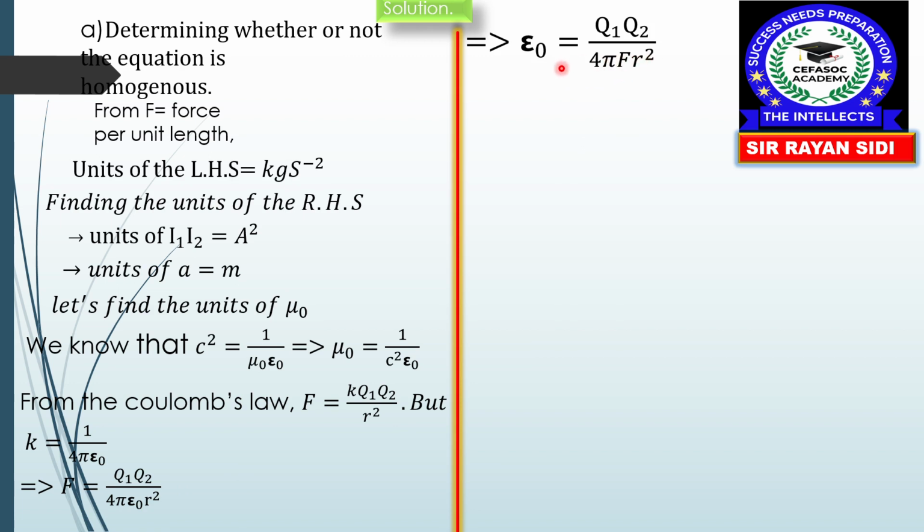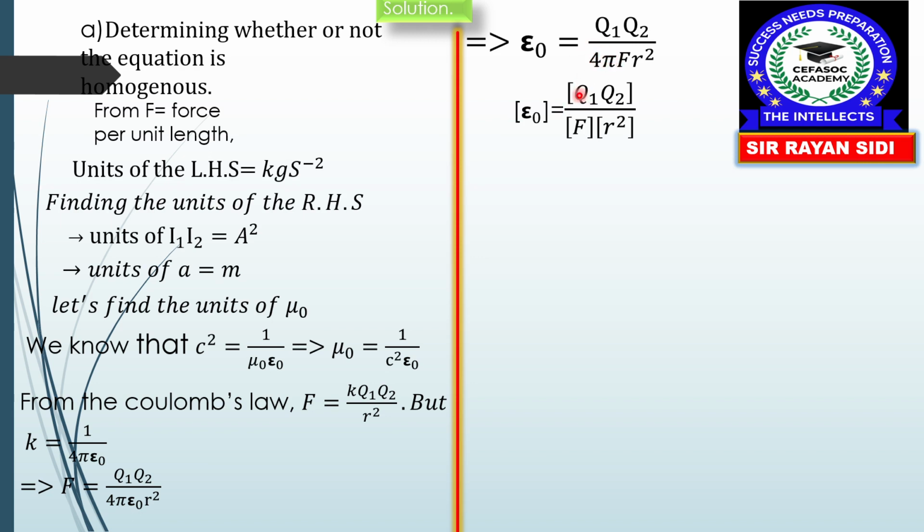Now we want to find the unit of epsilon naught in order to find the unit of mu naught. But writing units of Q1, Q2, and F R squared wastes a lot of time, so let's go directly with dimensions. The dimension of epsilon naught will be the dimension of Q1 Q2 over the dimension of F times the dimension of R squared. There is no need to write the dimension of 4 pi, because 4 pi is dimensionless.